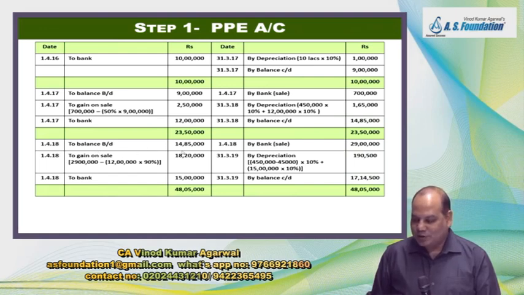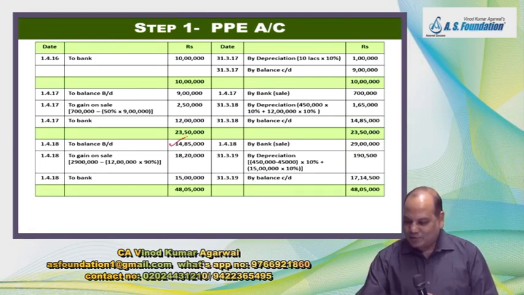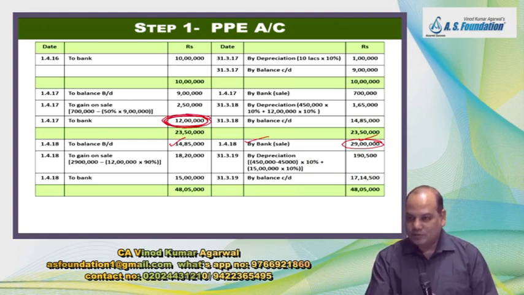To balance brought down 14,85,000. Half mark for this. By bank, sale value, half mark for this, 29 lakh. And then which asset have you sold? This asset which you had purchased in the previous year for 12 lakh, but it has been depreciated by 10%.